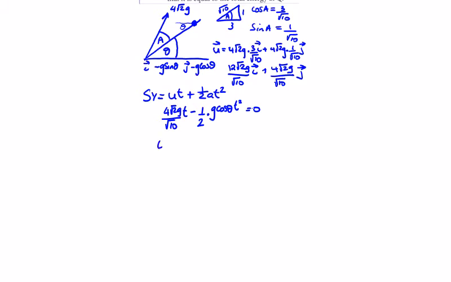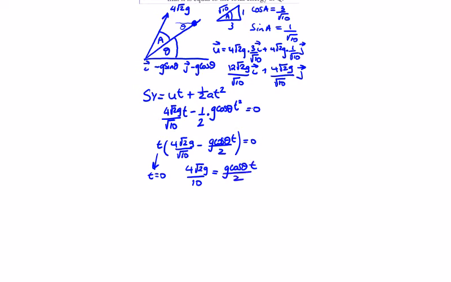So factoring out my t, I'll get 4 root 2g over root 10 minus g cos theta times t over 2 equals 0. So my initial t is equal to 0, or 4 root 2g over root 10 is equal to g cos theta times t over 2, just to do it the long way.